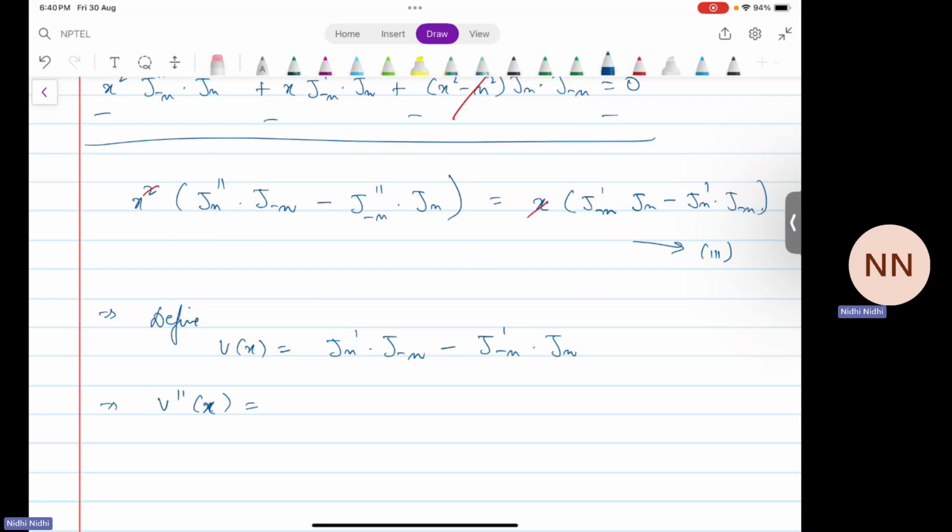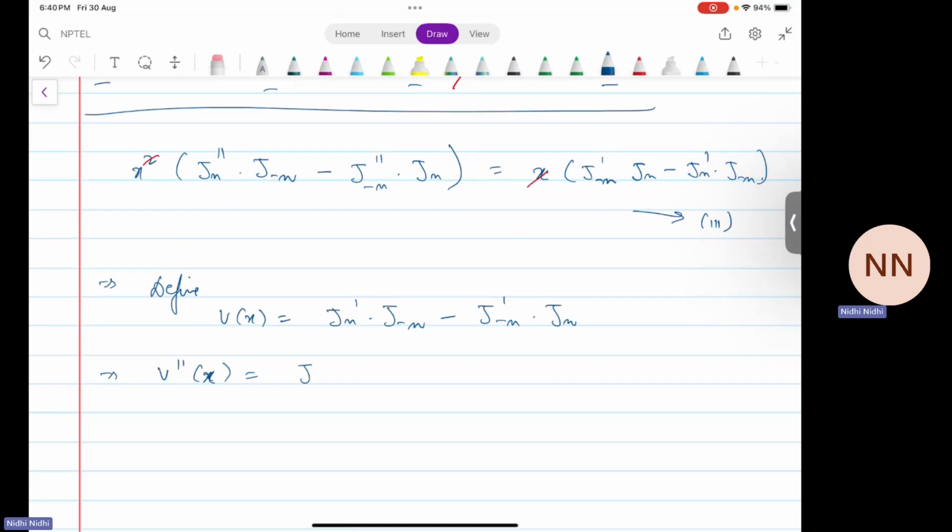From here, let's just differentiate both sides. We'll get J_n'' J_{-n} plus J_n' J_{-n}' minus J_{-n}' J_n' minus J_{-n}'' J_n. So these two terms get cancelled out, and this is J_n'' J_{-n} minus J_{-n}'' J_n.